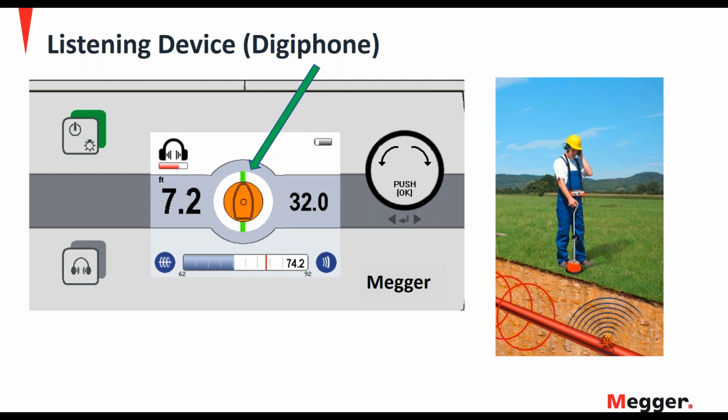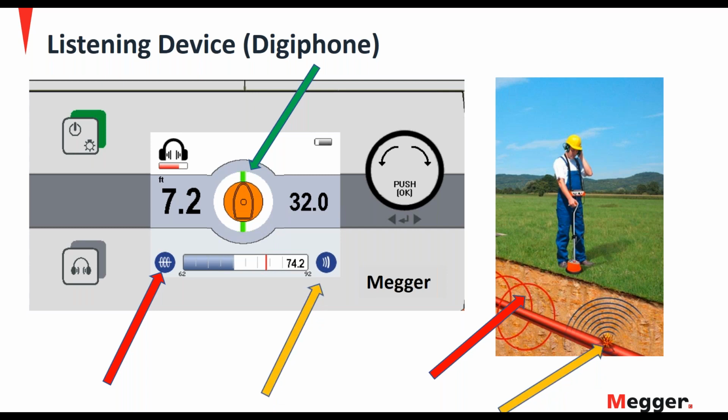Then whenever the thumper cycles, he's going to see this coil symbol flash at him, this icon flash, and that's going to happen at the same time that there's an electromagnetic field down on the cable underneath of him. And concurrently with that, he's going to see the acoustic symbol flash.